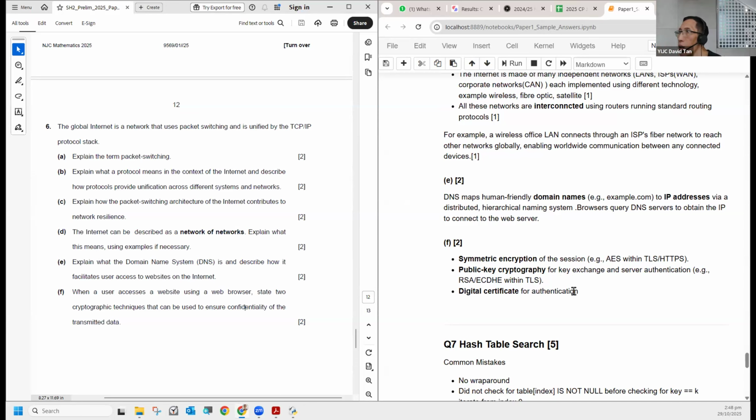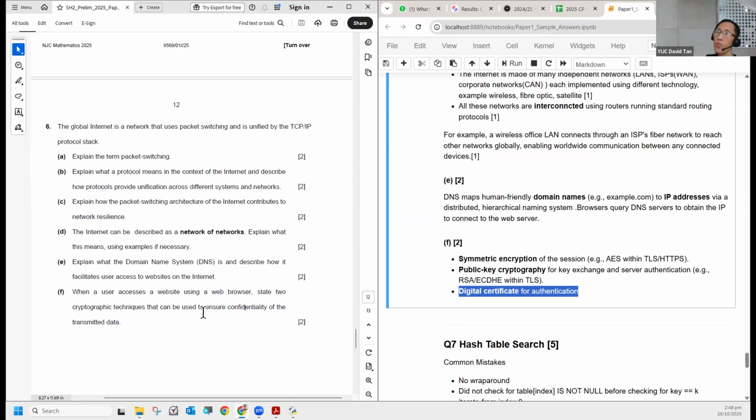Now, the mentioning of the digital certificate for authentication here, I don't agree, because the question only asks for the 2 cryptographic techniques. It does not involve the digital certificate in this case.